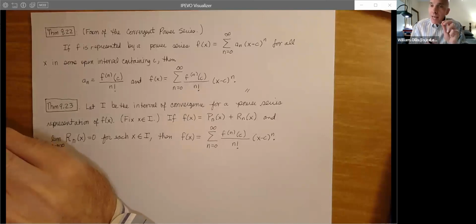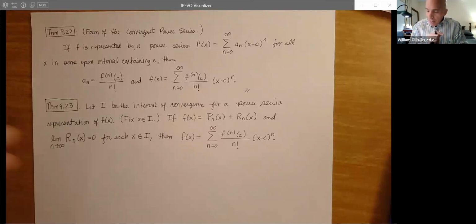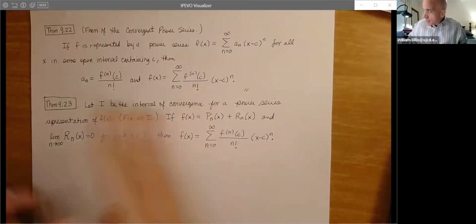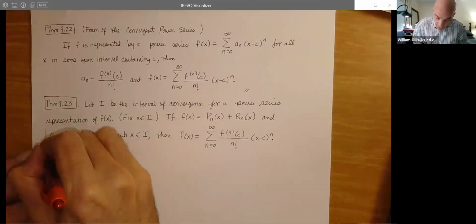But the one last ingredient says you're actually working with this function. That is, this equals this function.